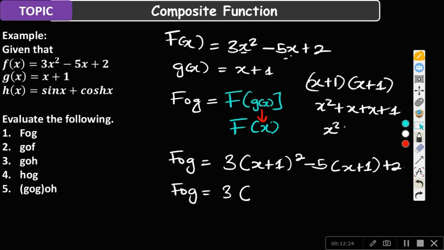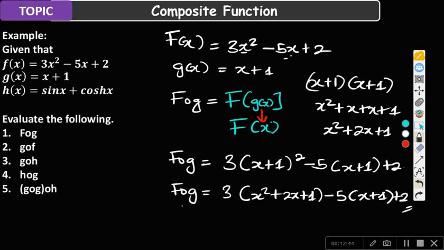And this will be x squared plus 2x plus 1. So in place of x plus 1 squared, we can put x squared plus 2x plus 1, minus 5 bracket x plus 1, plus 2.